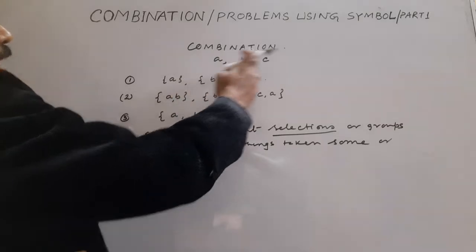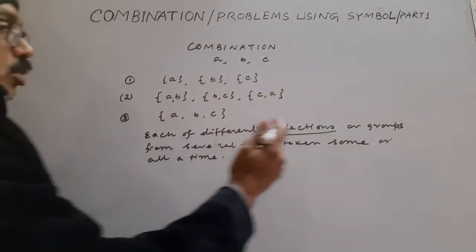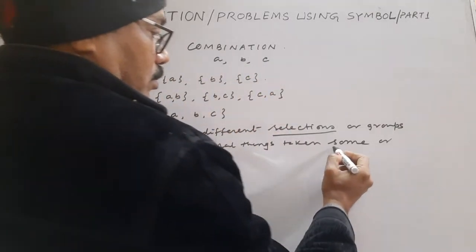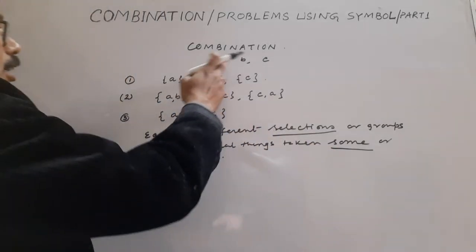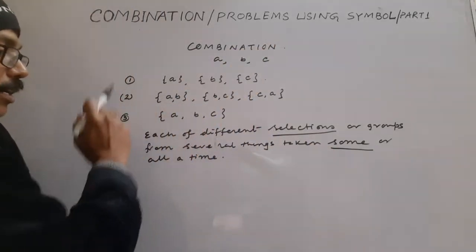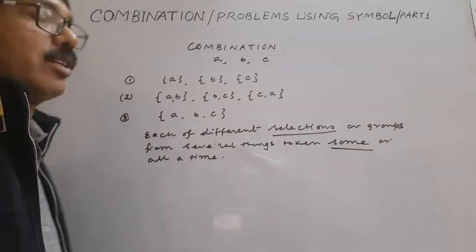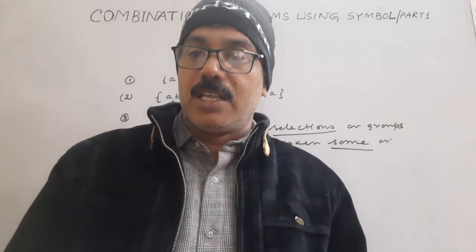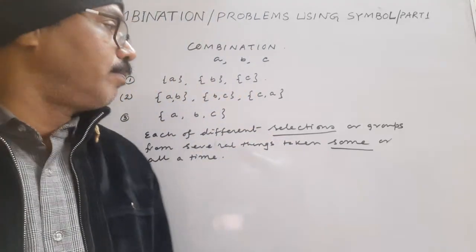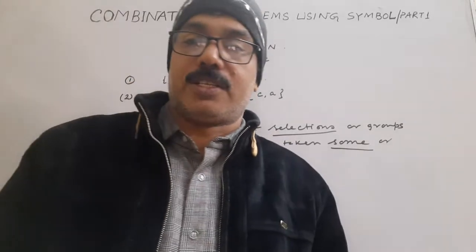Out of three we can take one or two, or all three at a time. Each of the different selections formed by taking some or all at a time is called a combination.